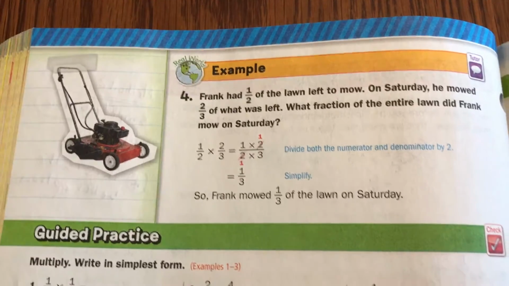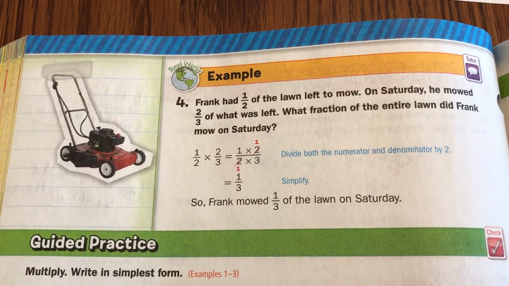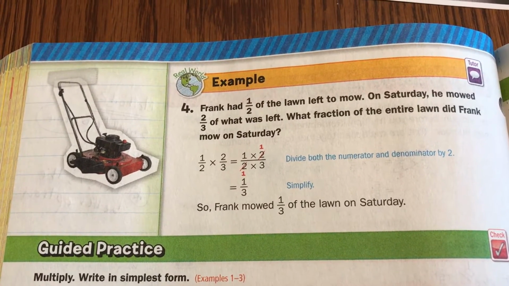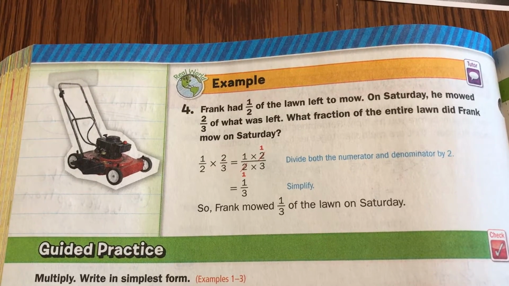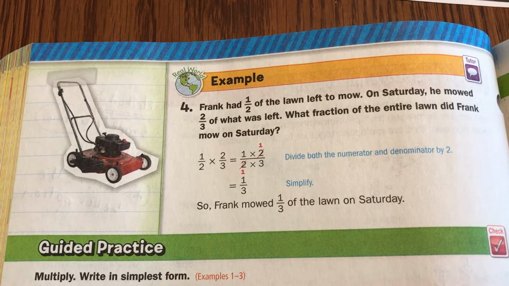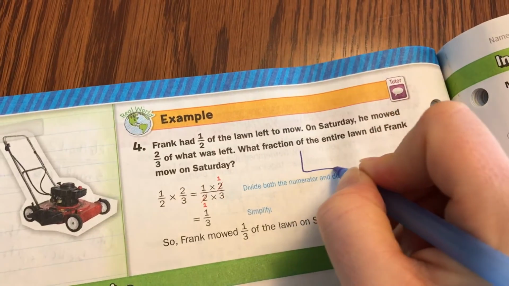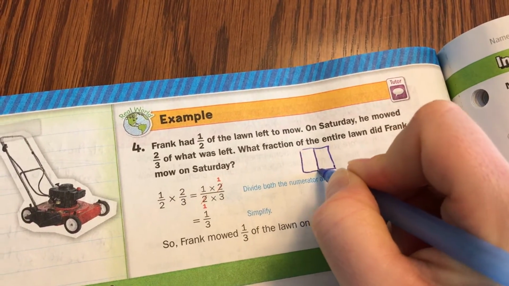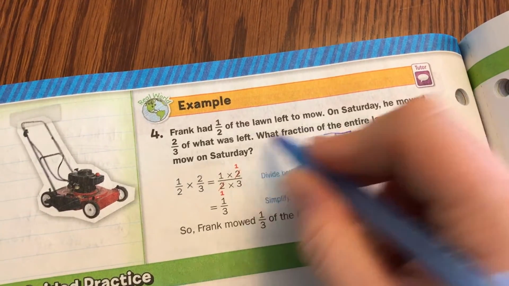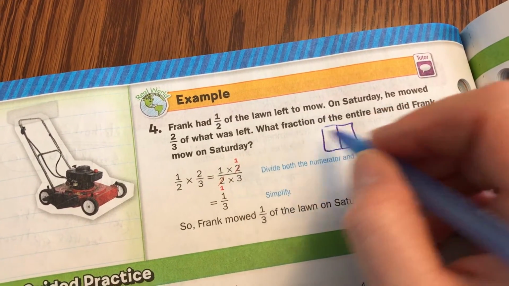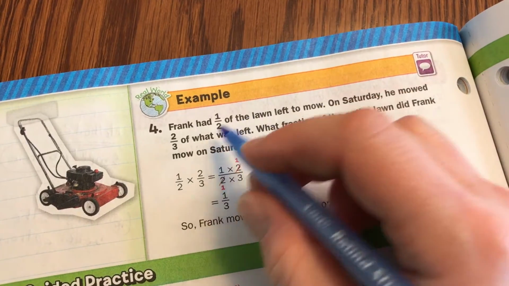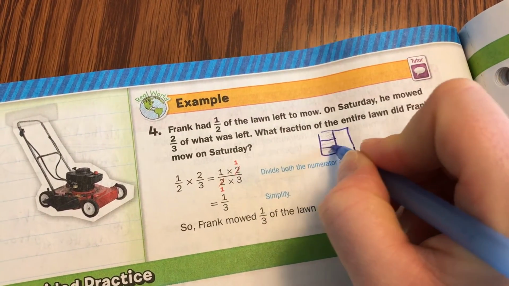Okay, next page, lawn mowing. Frank had half of the lawn left to mow. On Saturday, he mowed 2/3 of what was left. What fraction of the entire lawn did Frank mow on Saturday? Which, by the way, if you drew, this one would be an easy one to draw. He has half of it left. On Saturday, he mowed 2/3 of that.